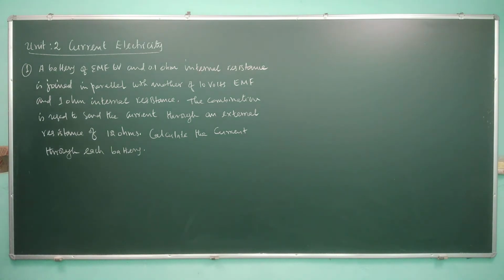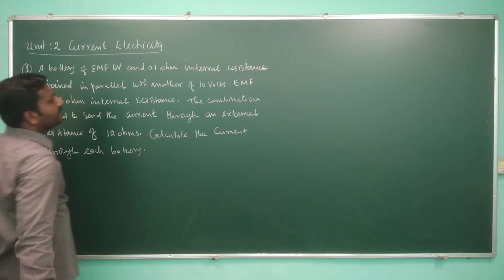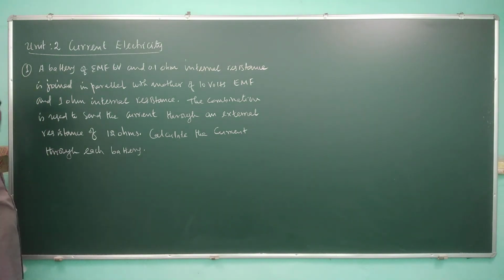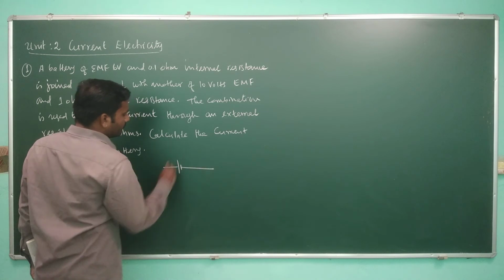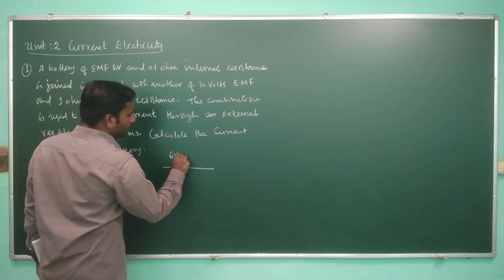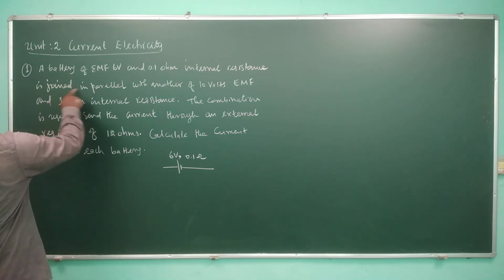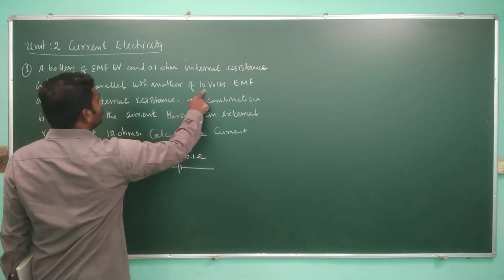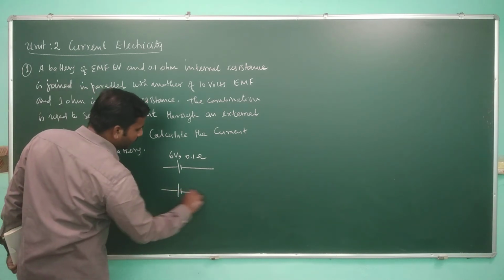What is the question? A battery of EMF 6 volt and 0.1 ohm internal resistance. Let's draw this circuit, right? There is a battery, 6 volt and the internal resistance is 0.1 ohm, joined in parallel with another of 10 volts EMF and 1 ohm internal resistance. So we have to draw another battery in parallel.